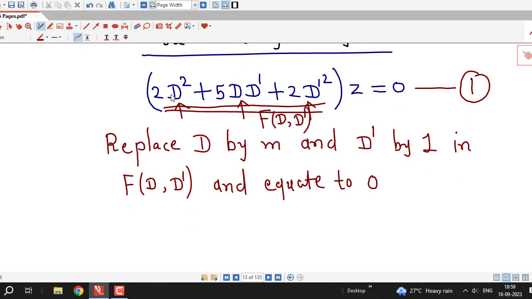Here F(D, D') is 2D square plus 5DD' plus 2D' square.